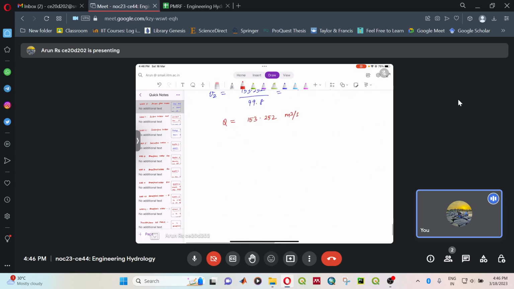So this is the quantity of water that is flowing in the river. Given the cross-section properties and value of stage, we can estimate the flow rate passing through the river by using the slope area method.